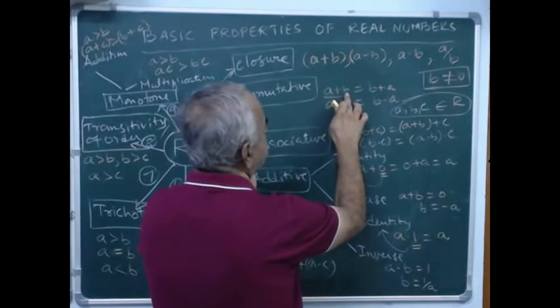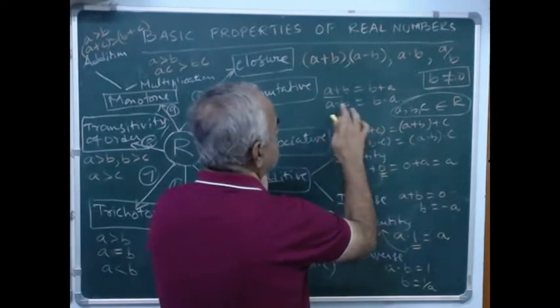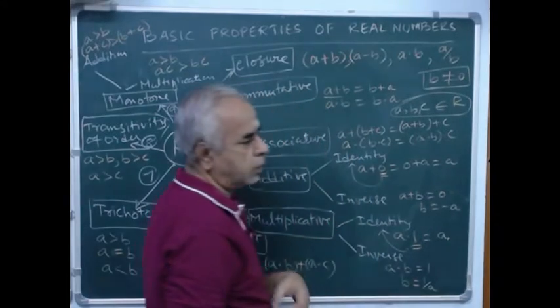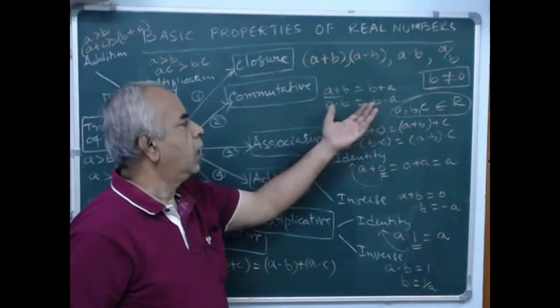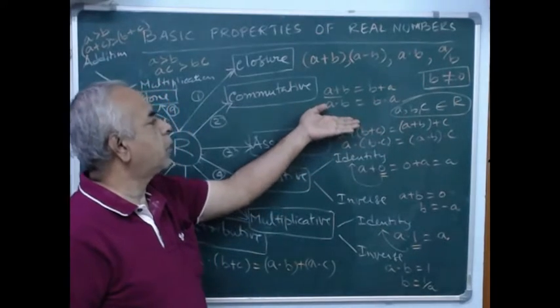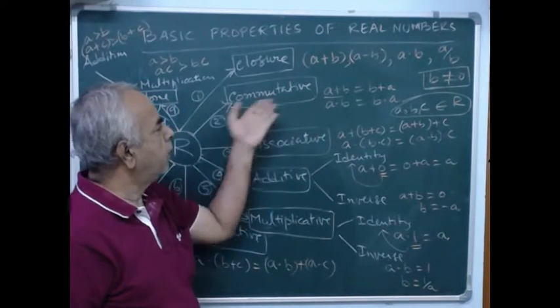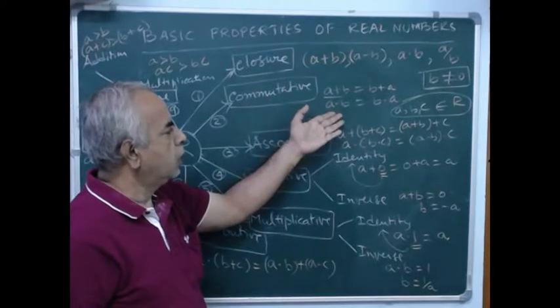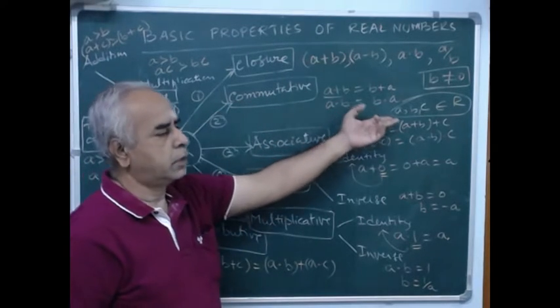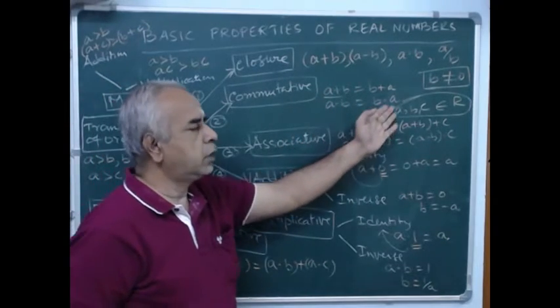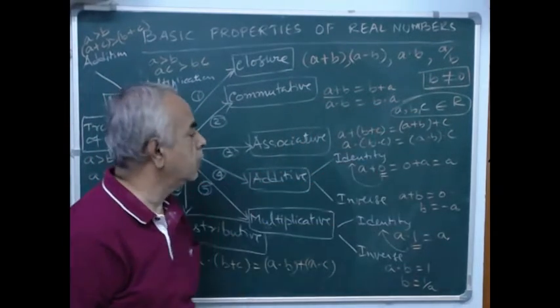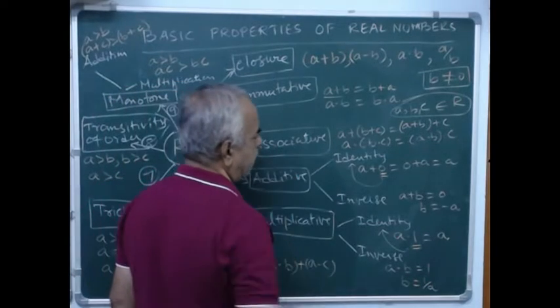A plus B is equal to B plus A. And similarly, A dot B, that is multiplication: A dot B is equal to B dot A. This multiplicative property is commutative, so you can interchange and you will get the same result. For example, 5 into 3 is equal to 15, and 3 into 5 is also 15. Do you understand? Right.